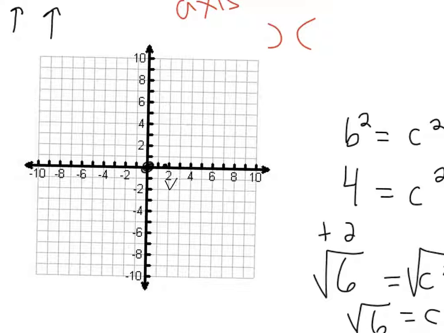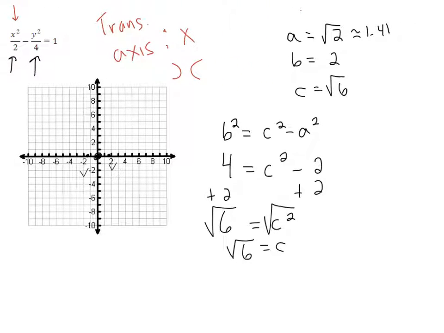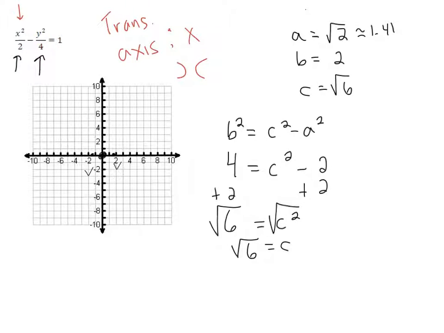So there is a vertex, and there is a vertex, about 1.4 away from the center. b is part of the asymptotes, which I don't really know yet. So c is the square root of 6. Square root of 6 is around 2.4-ish. So about 2.4 away, I get my foci. So I have a focus there, and I have a focus there.